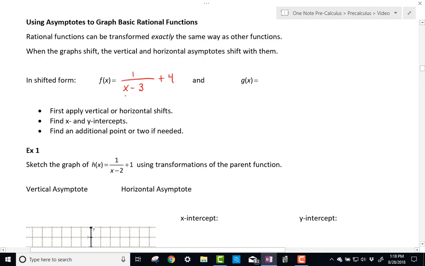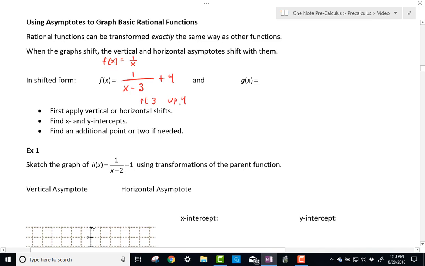Okay? So this graph compared to, now again we need to think about the parent function. The parent function for this is f of x equals 1 over x. So in relationship to the parent function, this function would have shifted right 3 and up 4.